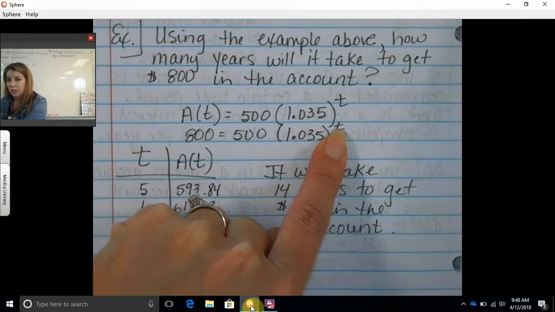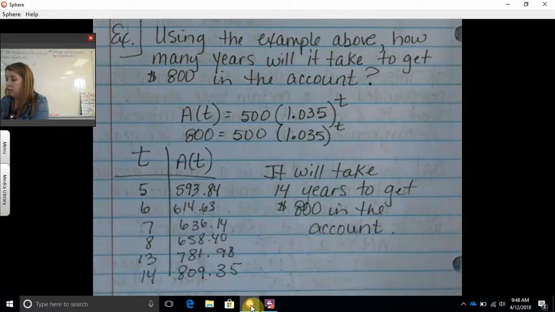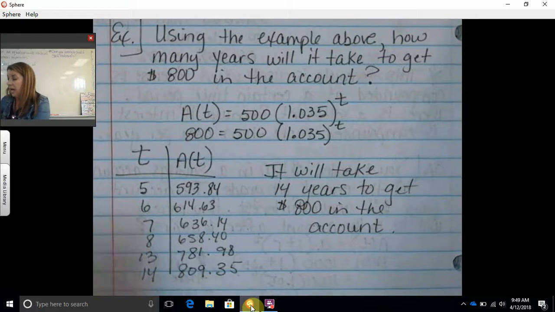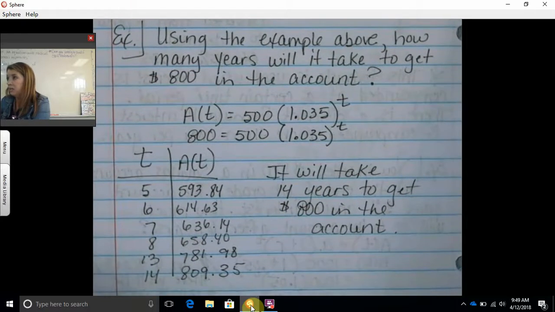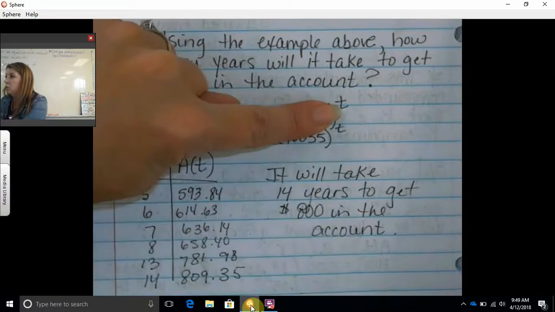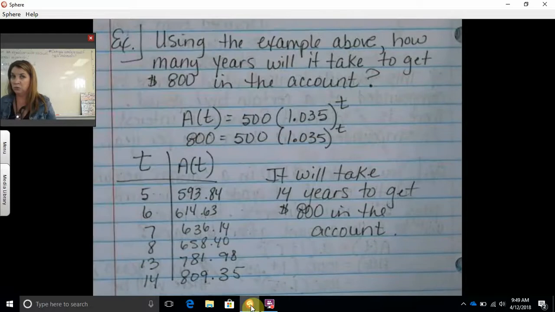And I told y'all, what we know now, we kind of have to guess and check how many years it will be. And I showed you how to put it in the calculator to find the table of values. I said, but once we learn logarithms, I'll show you how to solve a problem where you have a variable in the exponent, okay?